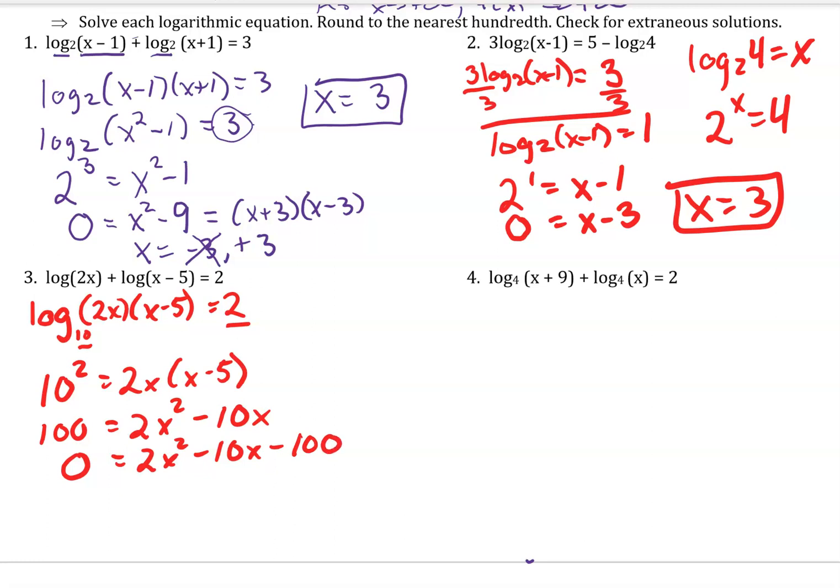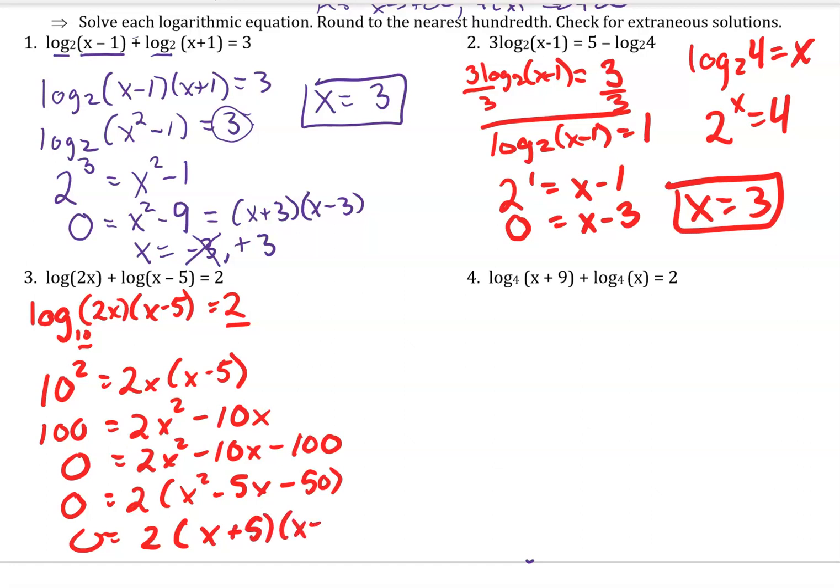And then we're going to take out our greatest common factor and factor the rest. So 0 equals 2 times (x squared minus 5x minus 50), which equals 2 times (x plus 5) and (x minus 10).